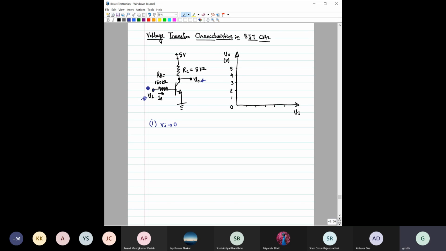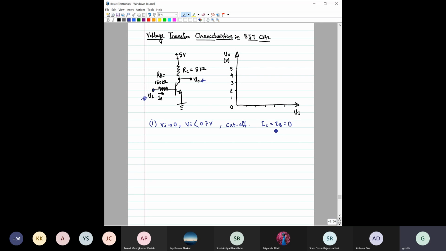When Vi is 0, the transistor is off because there is no base current. This junction is off, so it will be in cutoff. This cutoff condition will persist until Vi is greater than 0.7 volt. So for Vi from 0 till less than 0.7 volt, this is the cutoff region, and IB and IC are all equal to 0.